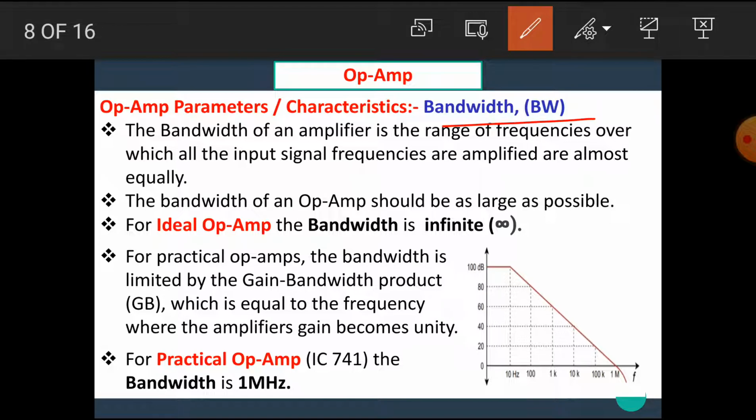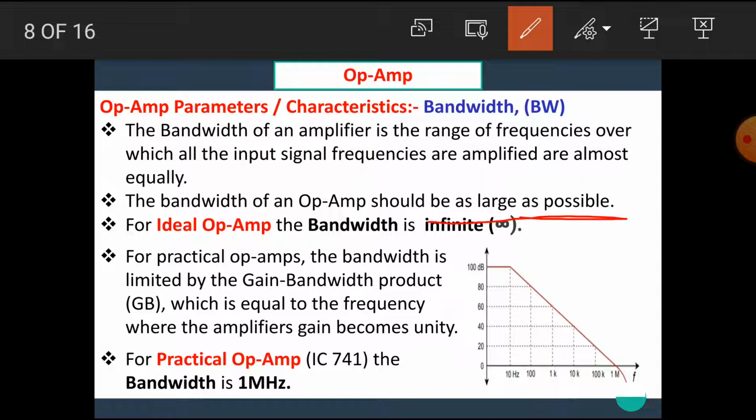The bandwidth of an amplifier is the range of frequencies over which the input signal are amplified almost equally. That means simply we can say that the bandwidth is the range of the operational amplifier over which it can amplify the signal. The bandwidth of op amp should be as large as possible.